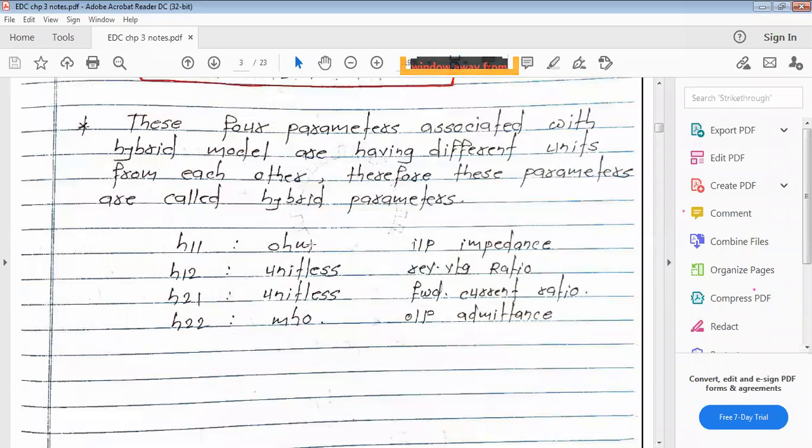As it is an impedance, its unit is ohm. H12 is the reverse of voltage gain. As it has the same quantity in numerator and denominator, the units get cancelled.